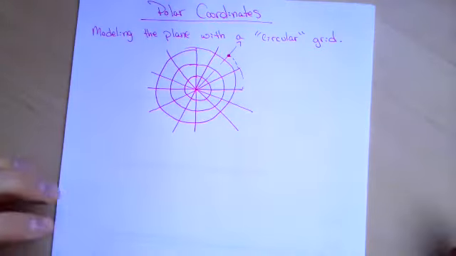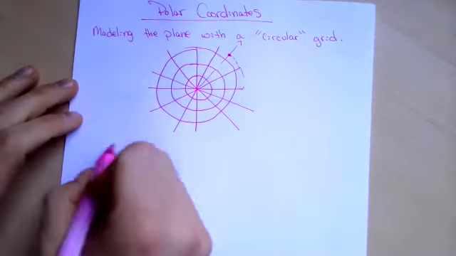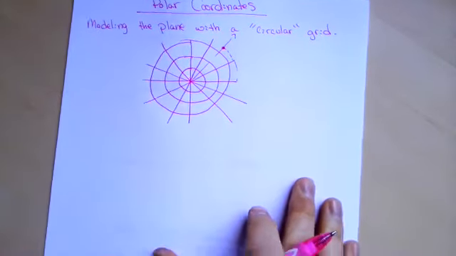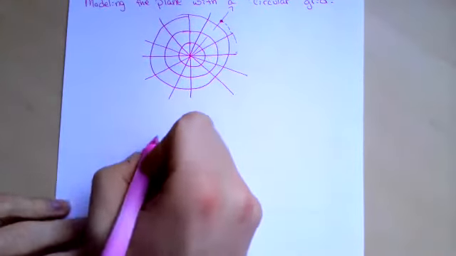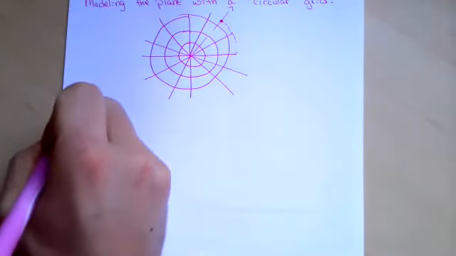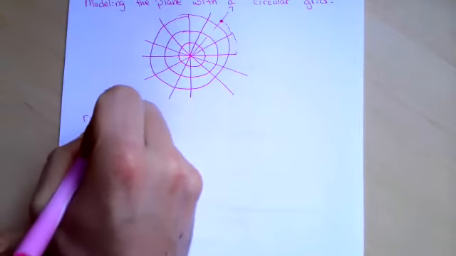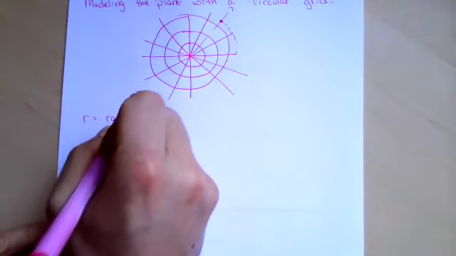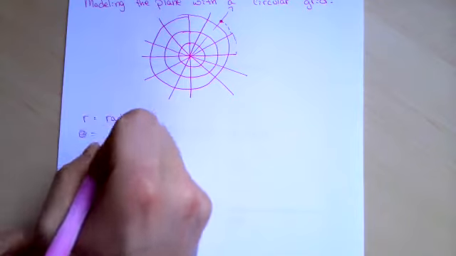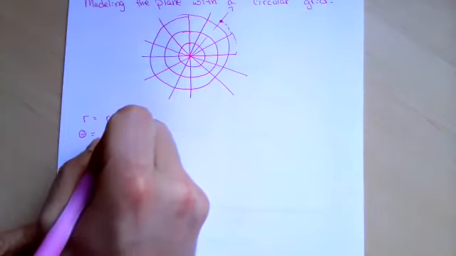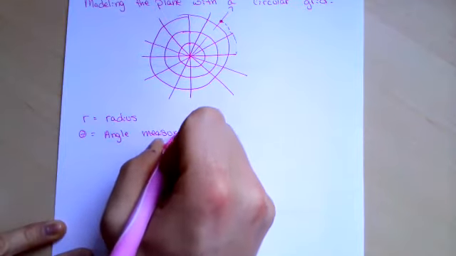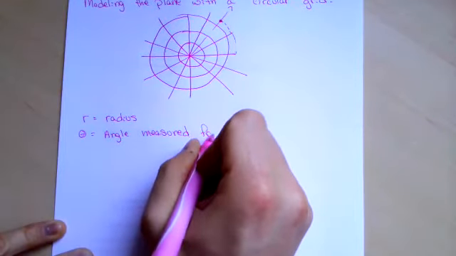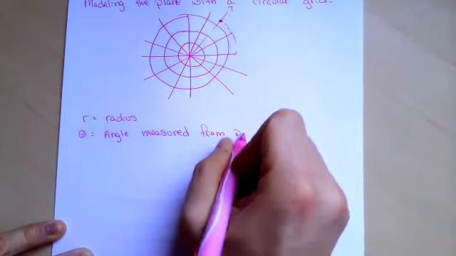Let's get some other colors since we're graphing. So what we're going to do is call those our angle. Our r is going to be our radius, and our theta is our angle measured from the positive x-axis.